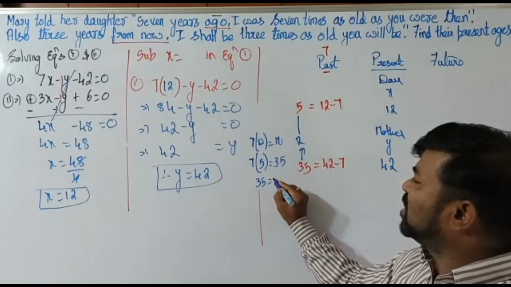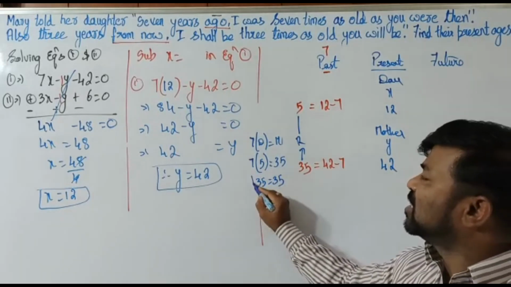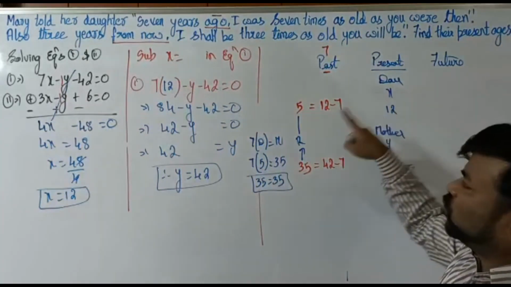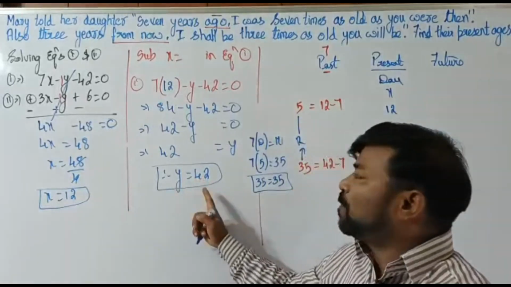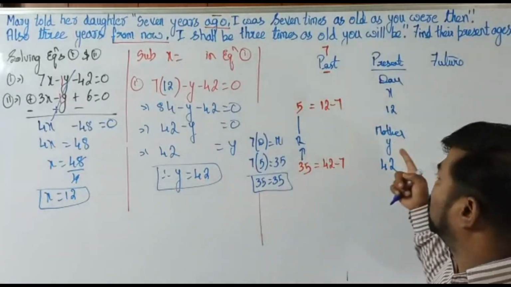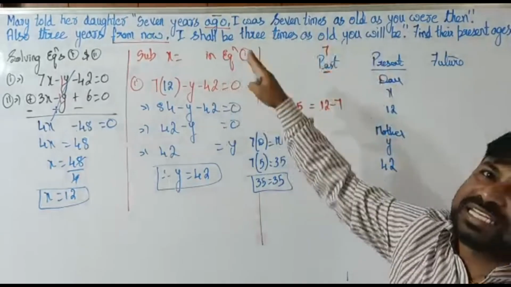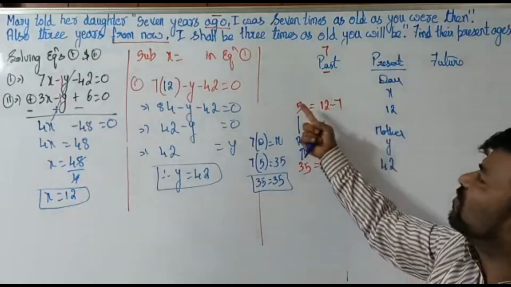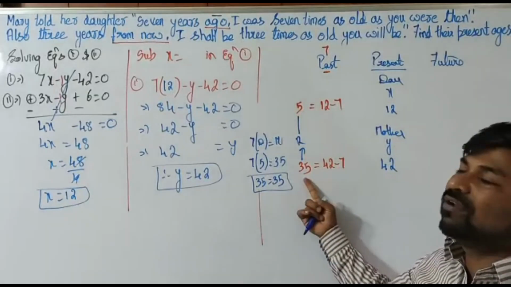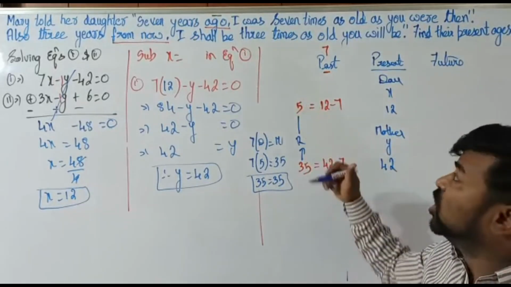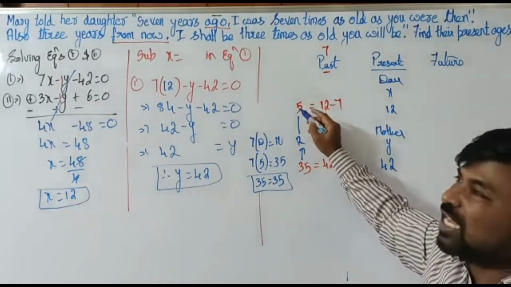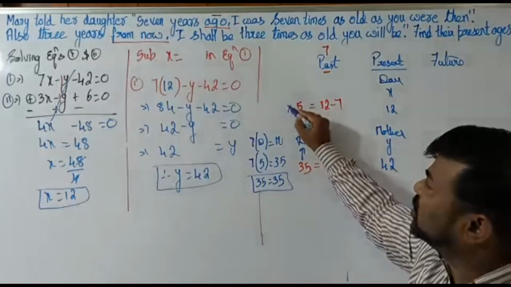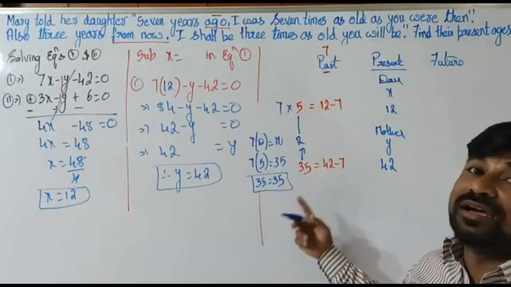Yes, 35 equals 35. Yes, it's verified. I repeat, present age we got x as 12 and mom's age as 42. Past means 7, so we subtract: 12 take away 7 is 5, 42 take away 7 is 35. If you multiply daughter's age with 7, do we get mother's age? Yes, 7 times 5 is 35.